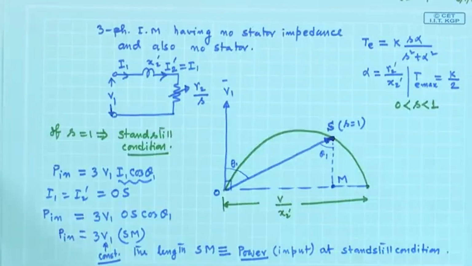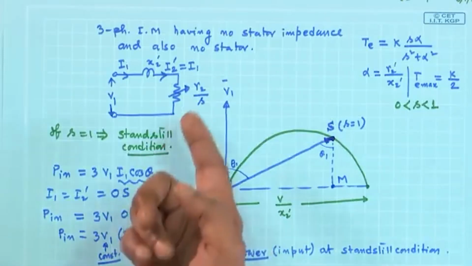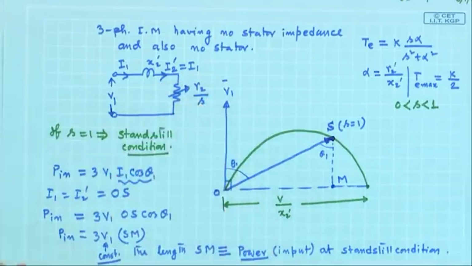Okay, fine. Now, if the rotor is not allowed to move, this will be the only situation. So, this is the total input power. Where does this power go? This power, in wattage, will be consumed in R2 by S only, is it not?